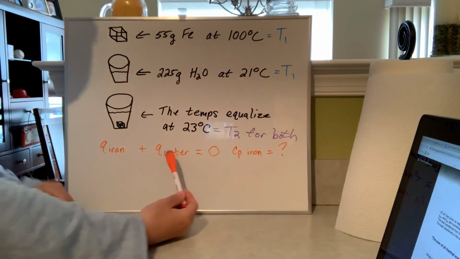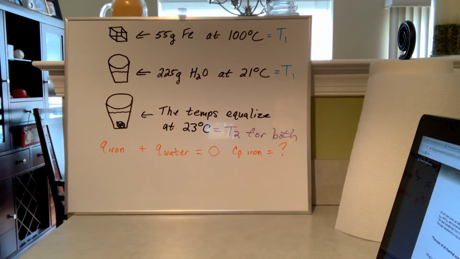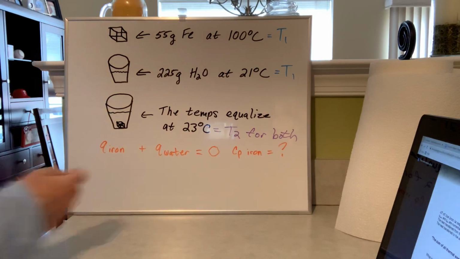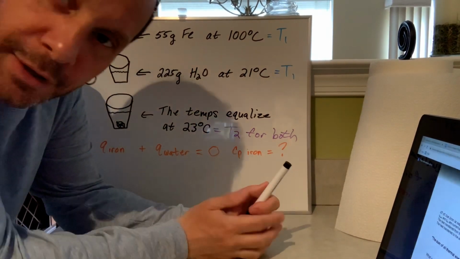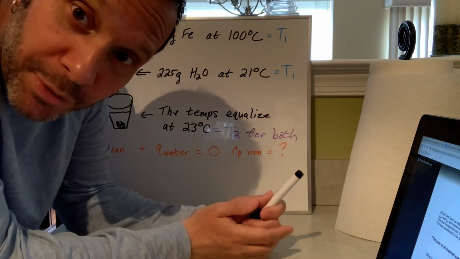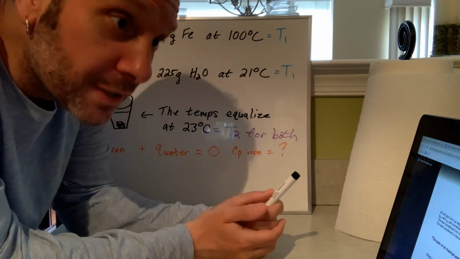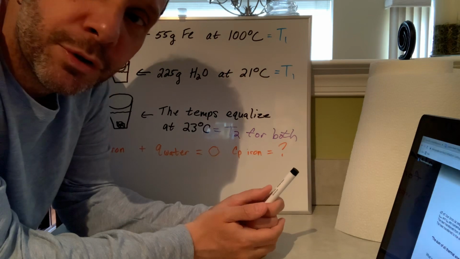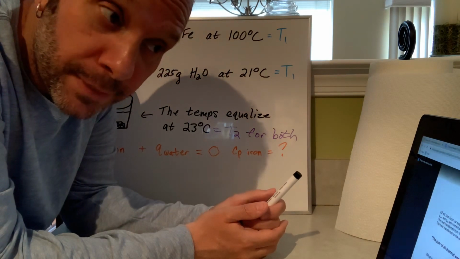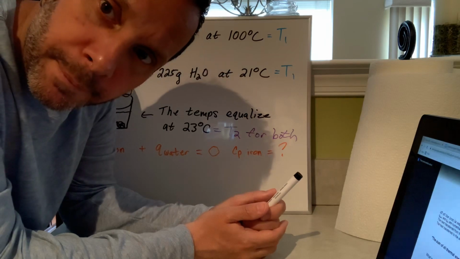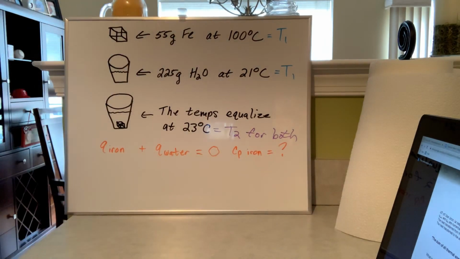All right, so let's see. We got Q iron plus Q water. Well, here's my question. What does Q equal? Well, if you just did the last problem with me, what you should know is that Q is equal to M times delta T times CP. But which Q? Is Q iron equal to that, or is Q water equal to that?